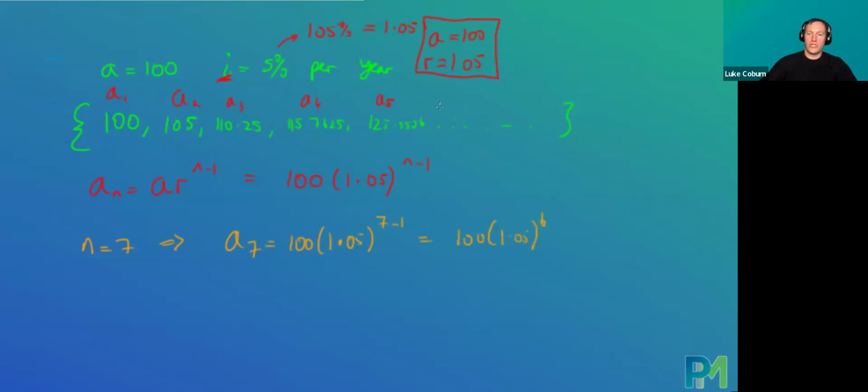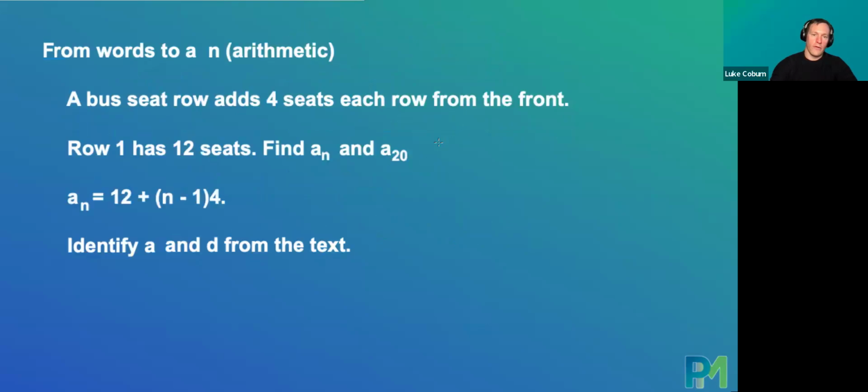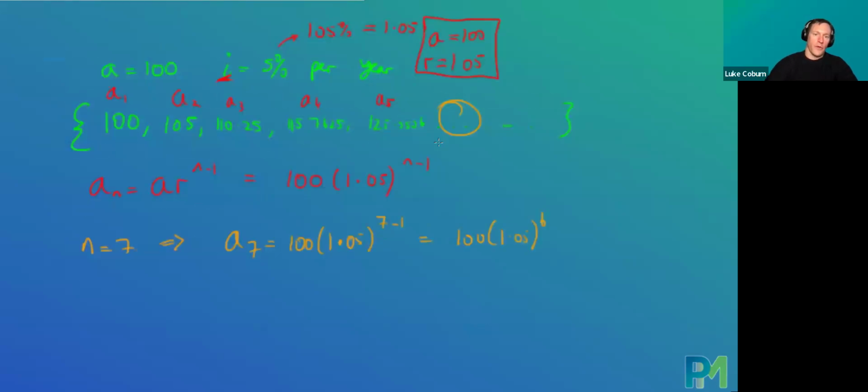So in this way, we can just jump to that term using that, okay? So in a sense, this is what I mean. At the start of the question, you just need to do a little bit of tinkering about just to get to that 1.05, right? And then we're good to go to start using formulas.